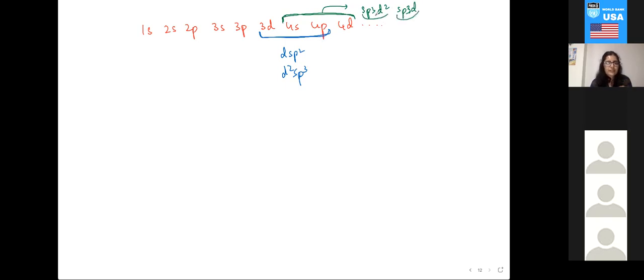But if the d orbital is taken from the previous shell, your s and p are in the fourth shell, but instead of 4d, you're taking 3d, then you get your dsp2 and d2sp3. Okay, so that's the only difference between these two hybridizations. You'll find these mainly in D block elements.